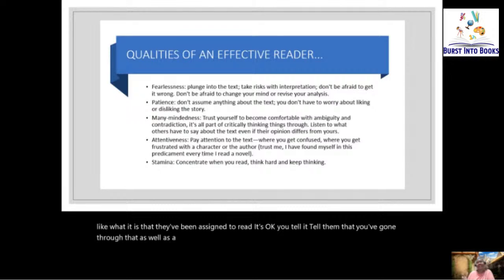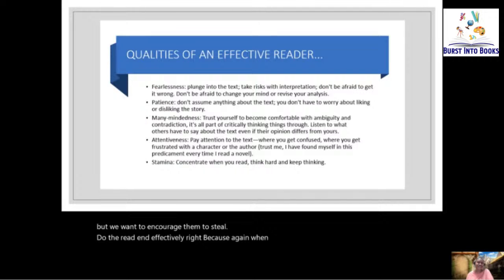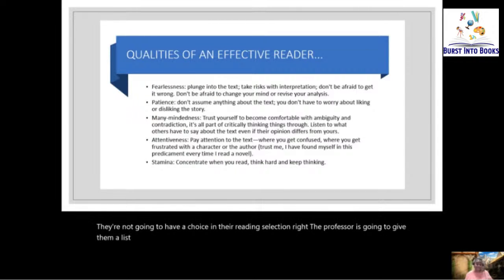It's okay that they don't like the reading material, but we want to encourage them to still do the reading effectively, right? Because when they go away to college, they're not going to have a choice in their reading selection, right?